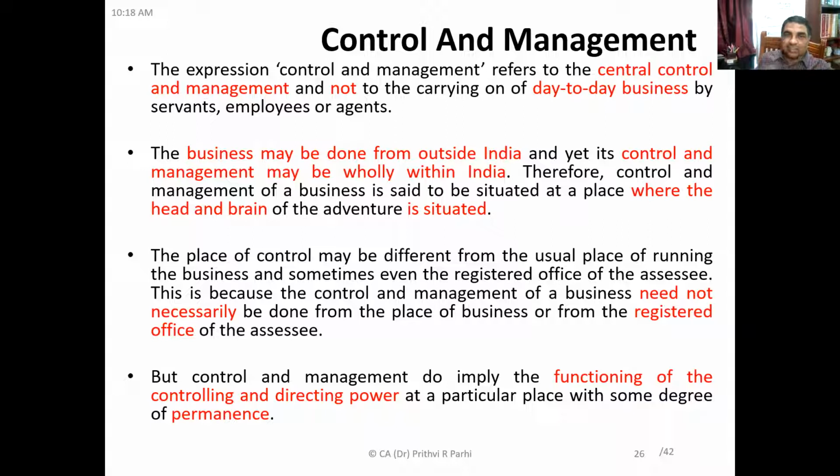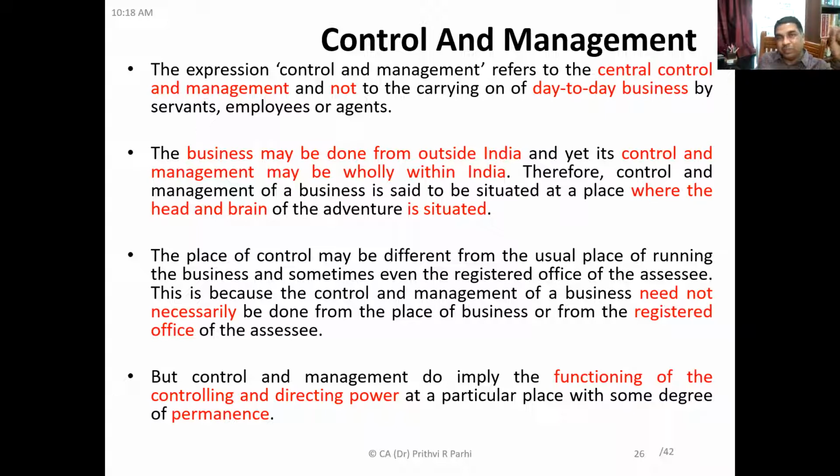This is because the control and management of the business need not necessarily be done from the place of business or from the registered office of the associates. But control and management do imply the functioning of the controlling and directing power of a particular place with some degree of permanence.